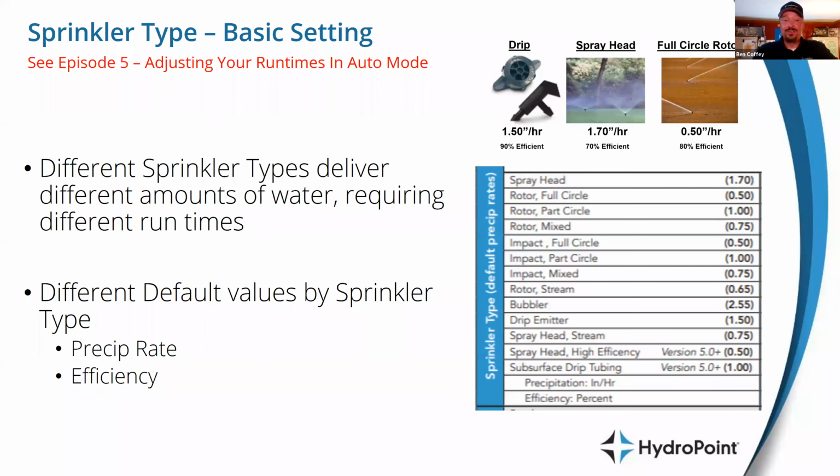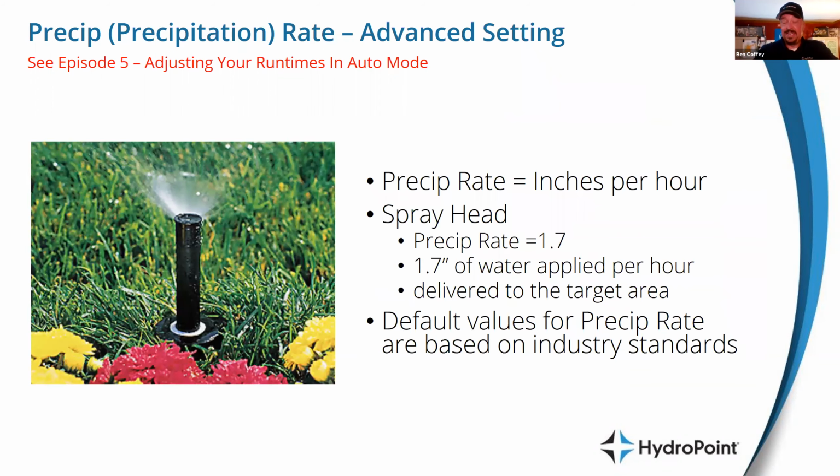We talked about all those details, how sprinkler type plays a role in that, and your sprinkler type sets the advanced settings of precip rate and efficiency. Then we looked at the details of precip rate, which again, we covered in that episode 5, adjusting your run times in auto mode. But we talked about how precip rate reflects the speed at which we're laying down water.